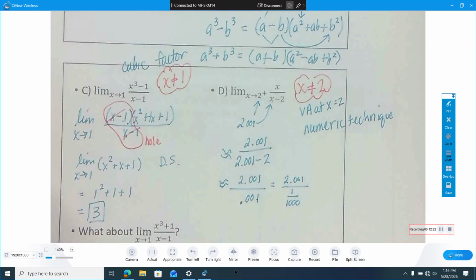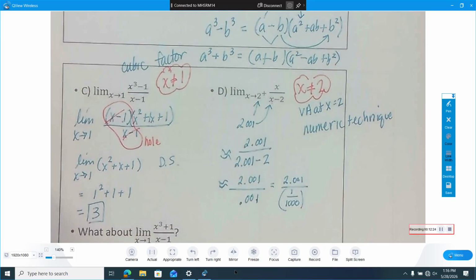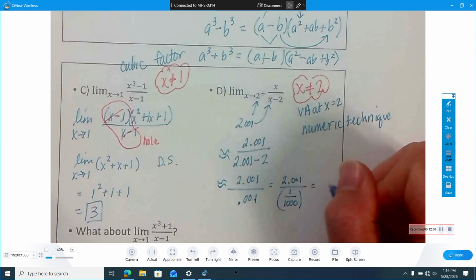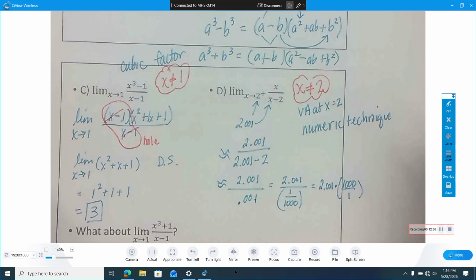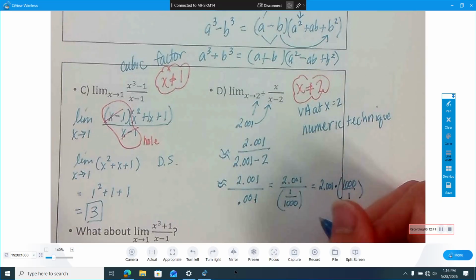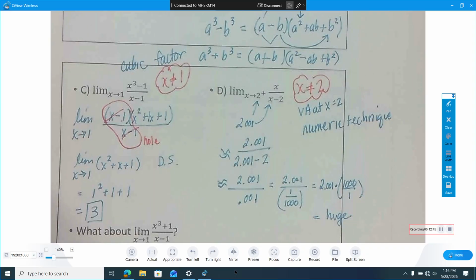So what happens when I divide by a fraction? You multiply by the reciprocal. So this becomes 2.001 times 1,000 over 1. And this number just got to 2001. It got huge. Okay. So that means it's going to positive infinity.